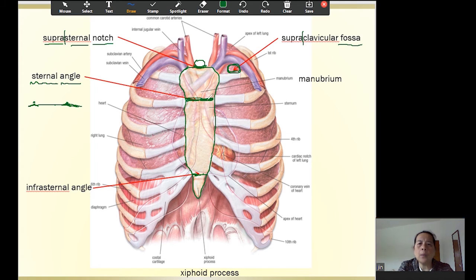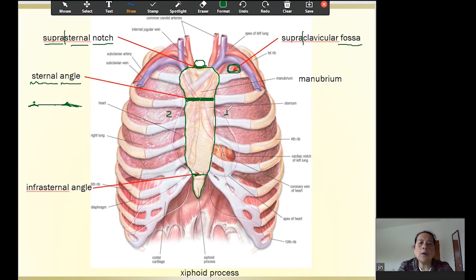This is also pretty useful for our clinical practice. When we're looking for the intercostal space, most of our points in the chest area are in the second intercostal space, third intercostal space, or fourth intercostal space. So how do we calculate? We find this sternal angle first, and below it is the second intercostal space, on both sides.